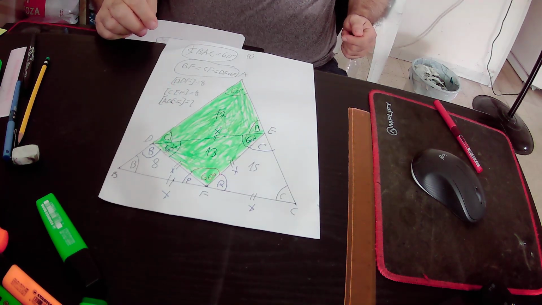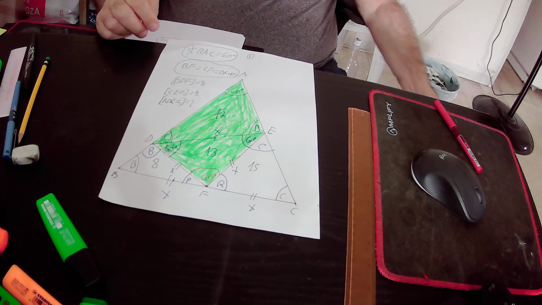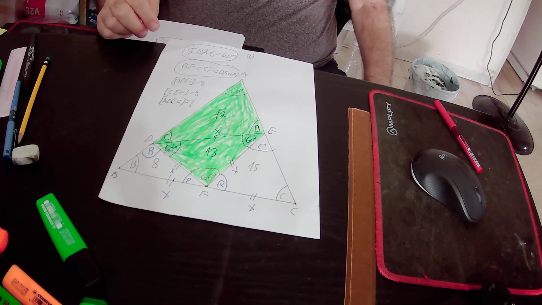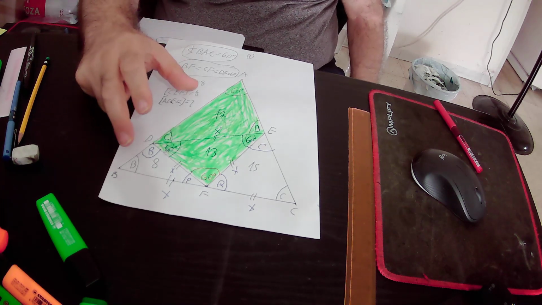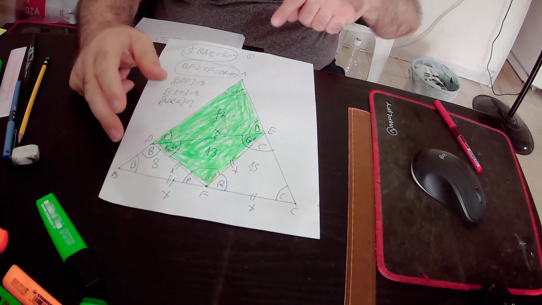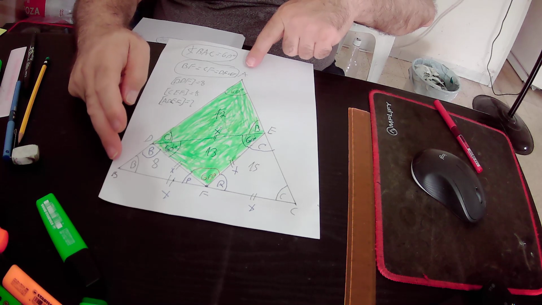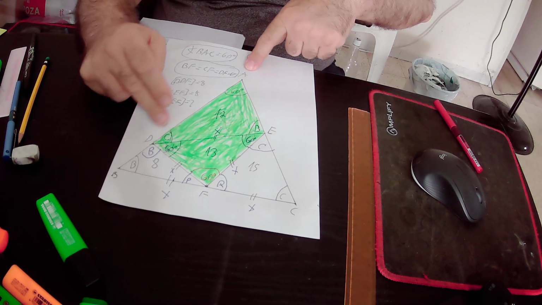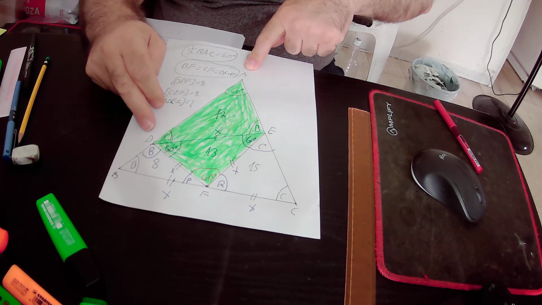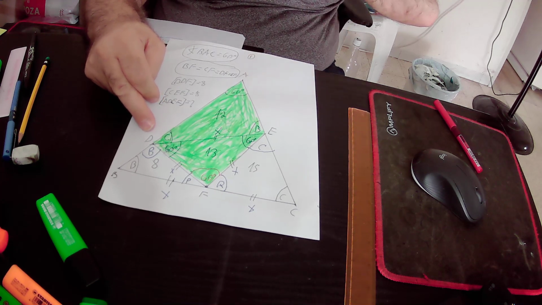In the next step we found out the sizes of these two angles according to rule number 3 that states that the sum of the angles on a straight line is equal to 180 degrees. So side AB is a straight line. At point D, the sum of the angles on the straight line AB is equal to 180 degrees.